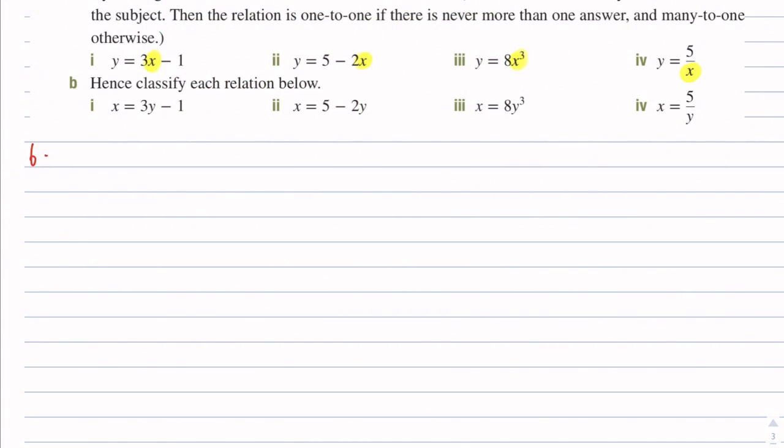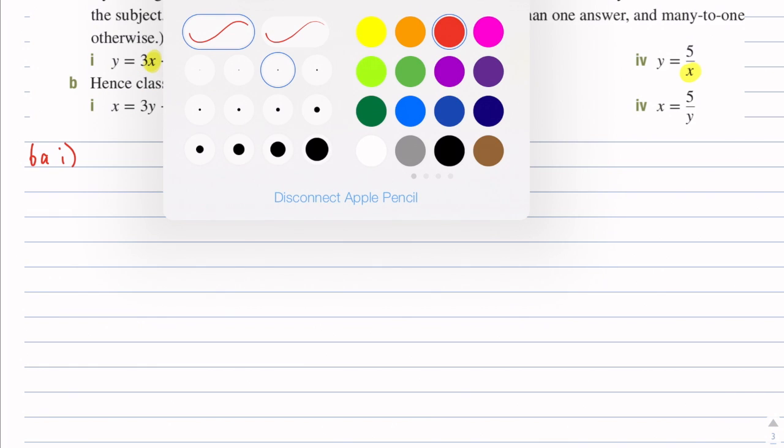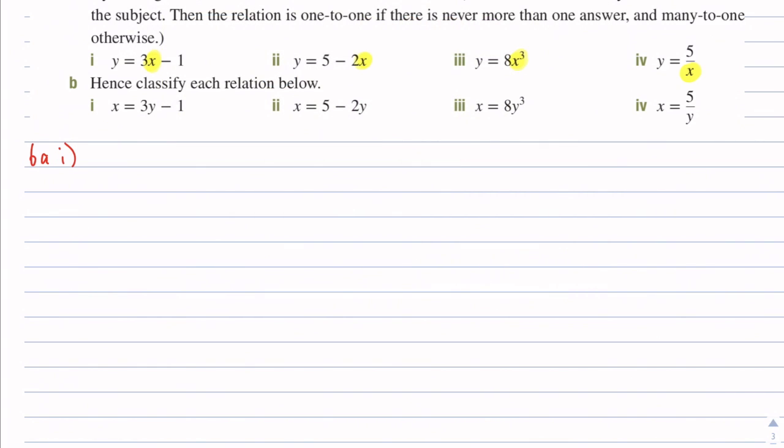So 6a1, 3x take 1, so we've got y plus 1 equals 3x. Y plus 1 over 3 equals x. And because it doesn't matter what you chuck in for y, like -1 or -2 or 7 or 18, you'd always get different values for x.